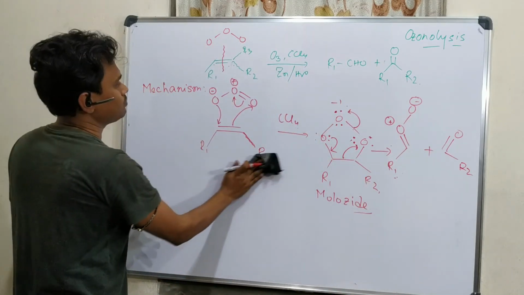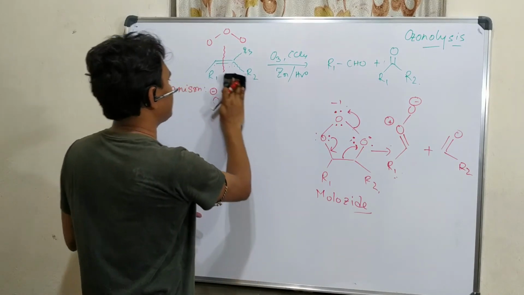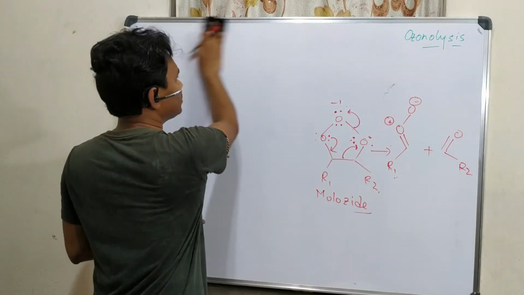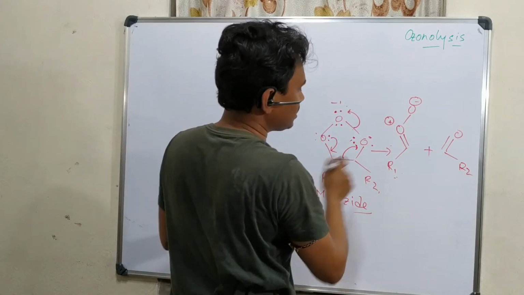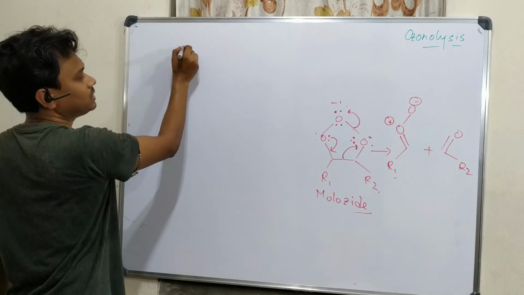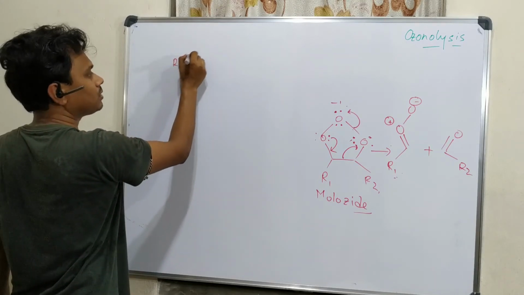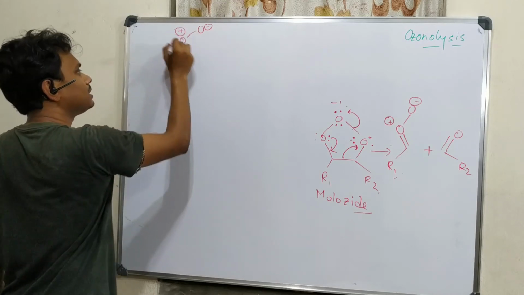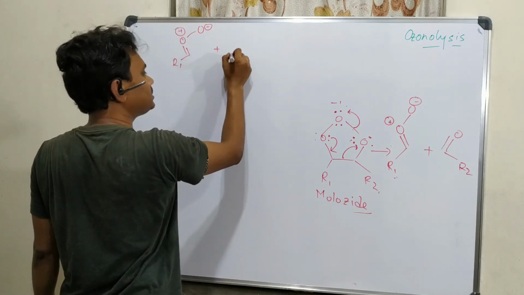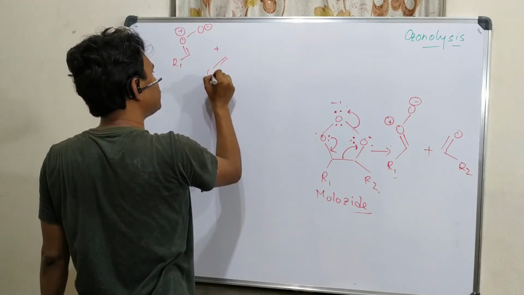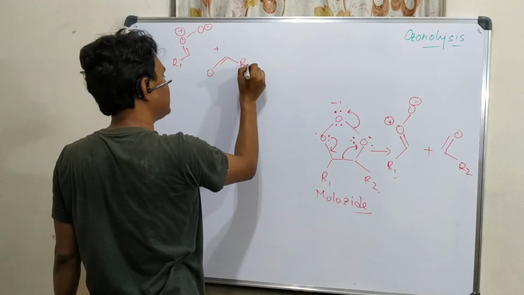This is the most important thing. I suggest you focus. So what happens here? You can see this. I'll write it again: R1, O minus, plus. It further reacts with this aldehyde. I am writing it in a slightly different way for your understanding.